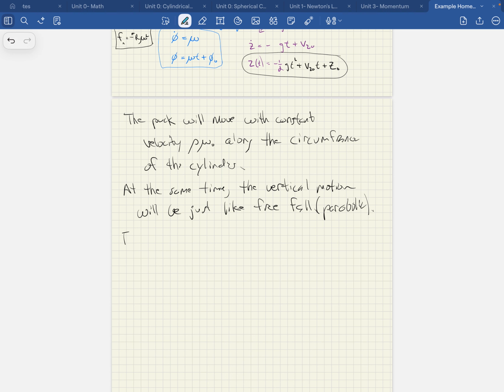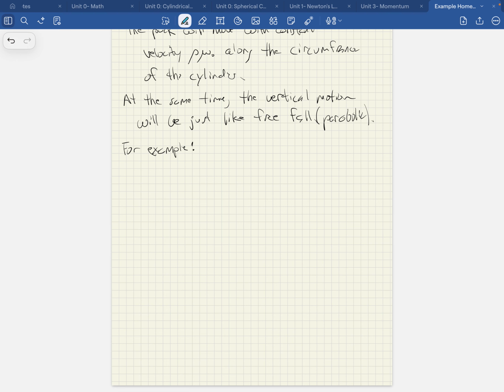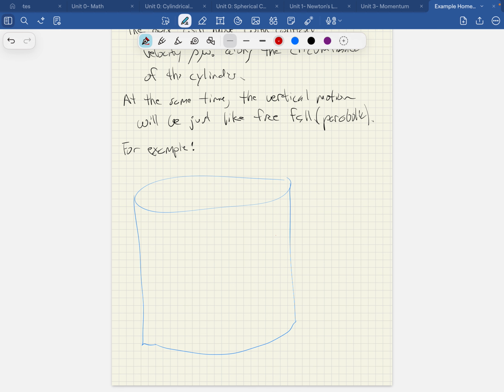For example, something like that. Spiraling around the cylinder while falling faster and faster.